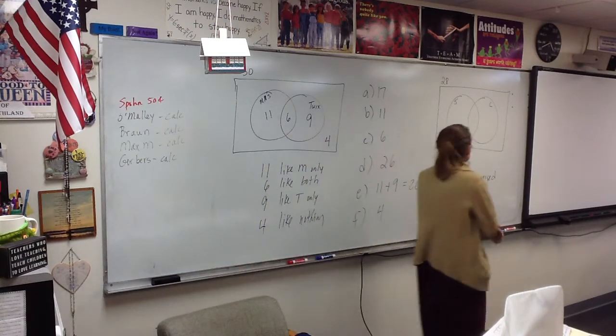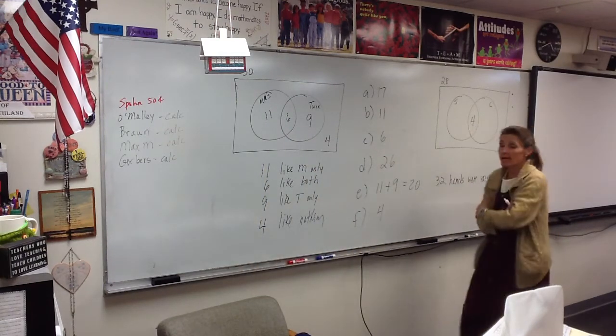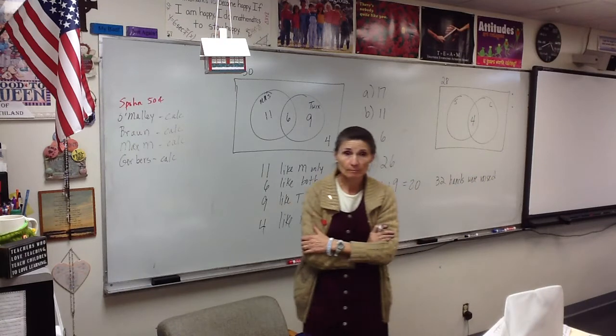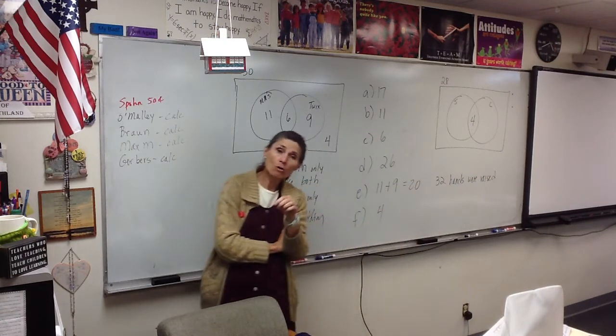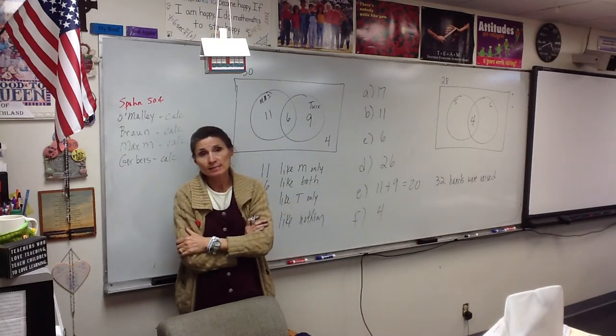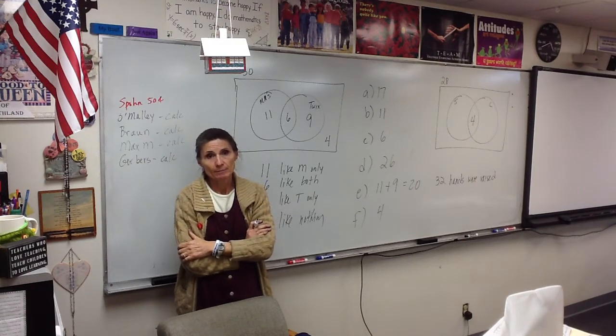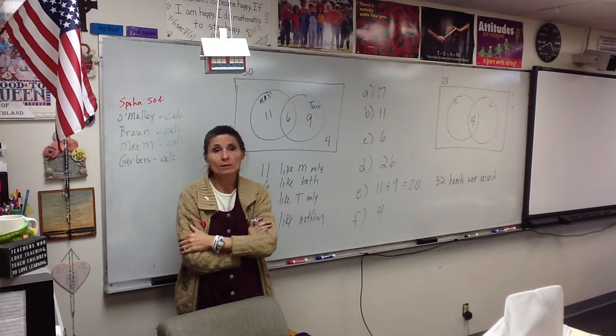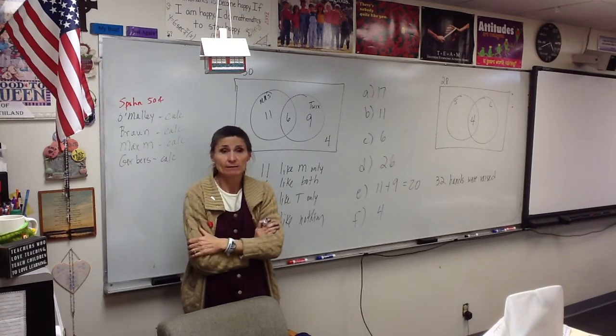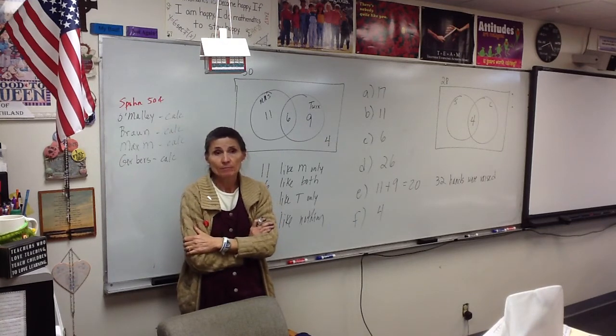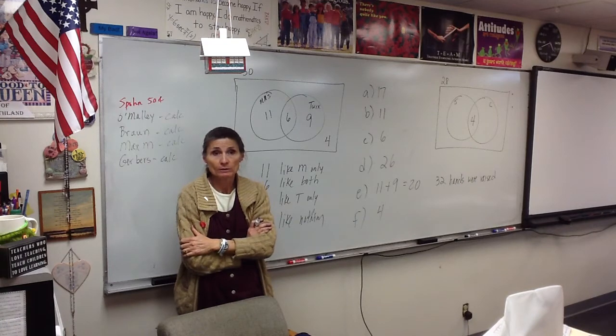There are 4 kids that raised their hands twice. Because there are only 28 students in the class and 32 hands went up. So 4 people had to have voted twice, which is fine. They're the people that like both.